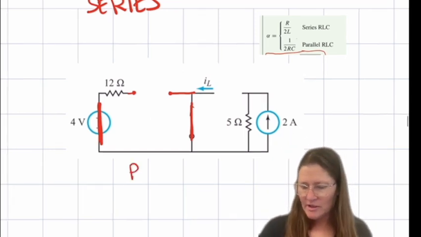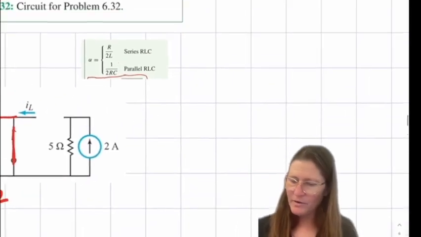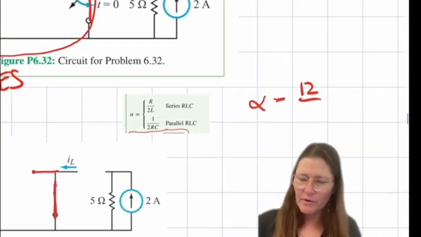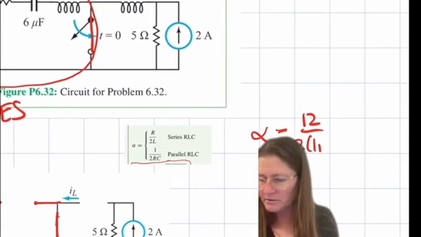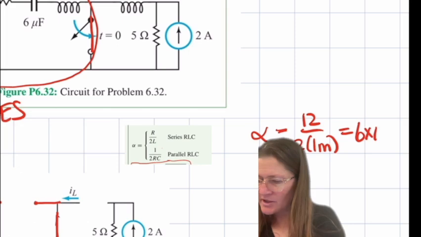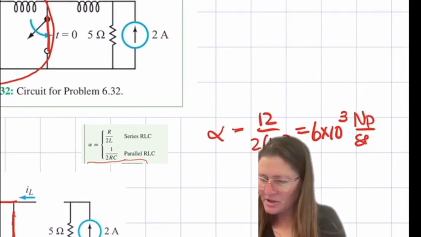So RTH in this case will be 12. And so alpha will be again 12 over 2 times 1 milli, which ends up being 6 times 10 to the third per second.